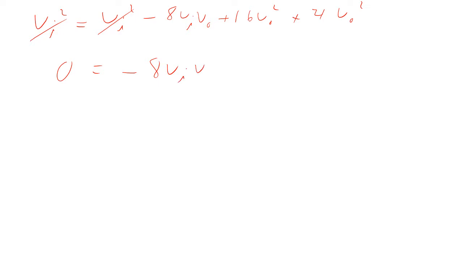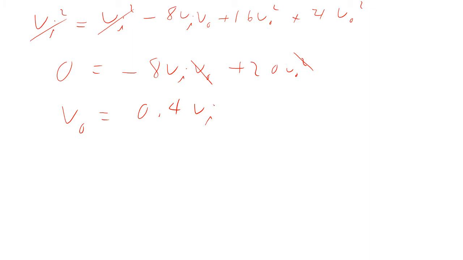So VI squared equals VI squared minus 8 VI VO plus 16 VO squared plus 4 VO squared. Okay, so these cancel, so 0 equals minus 8 VI VO plus 20 VO squared. So that cancels one of those. Okay, and so we do a little algebra here, and we find that VO equals 0.4 VI.